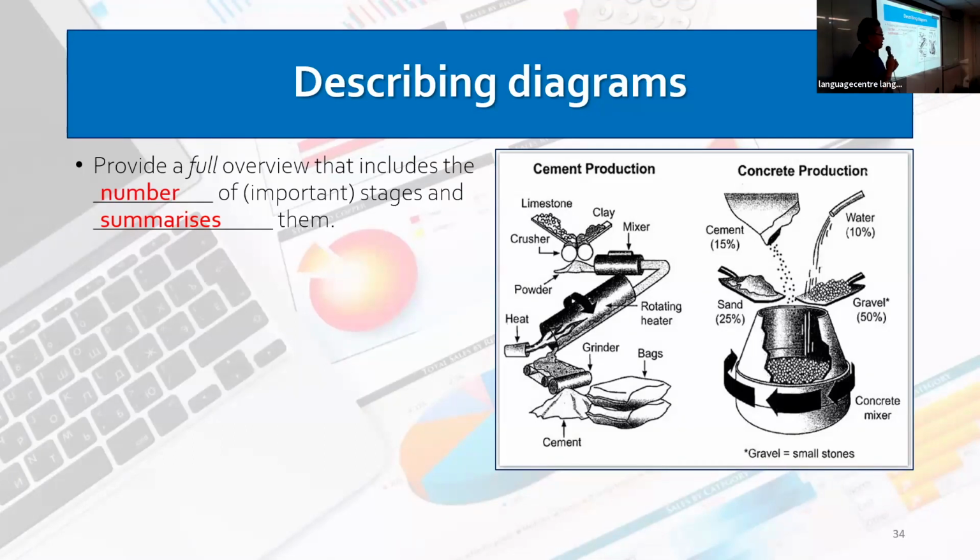This time it is not an overview of the overarching trend or features, but an overview of the number of stages involved. In your overview, you do two things. Number one, tell me the number of stages involved in the process. Maybe 5, maybe 6, or maybe 7.